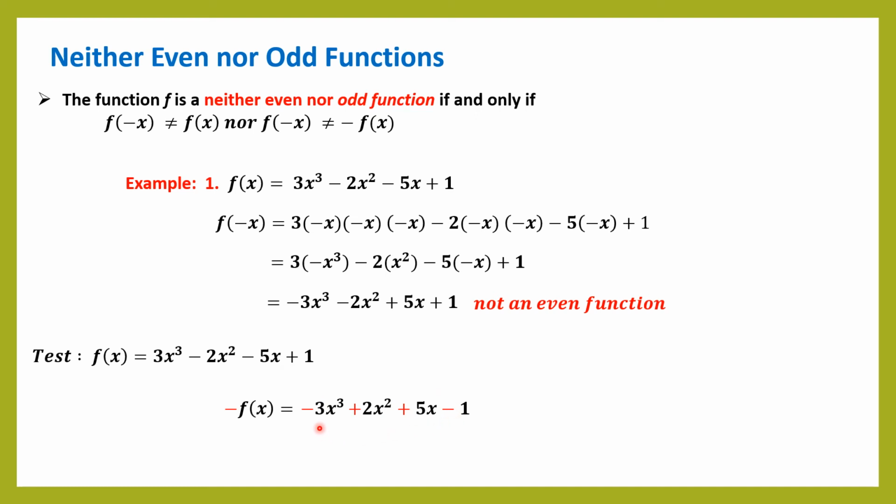So, eto na yung ating second result. So, yung second result natin, i-compare natin dito sa unang result. Kapag magkamukha sila, ibig sabihin that is odd function. Pero since ito ay hindi kapareho ng first result, ibig sabihin, ito yung neither even nor odd function.